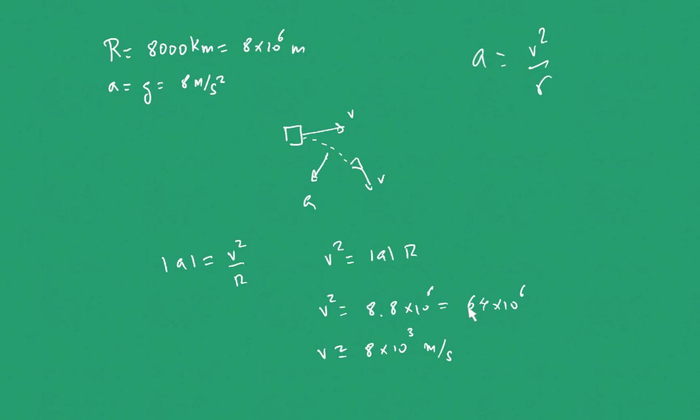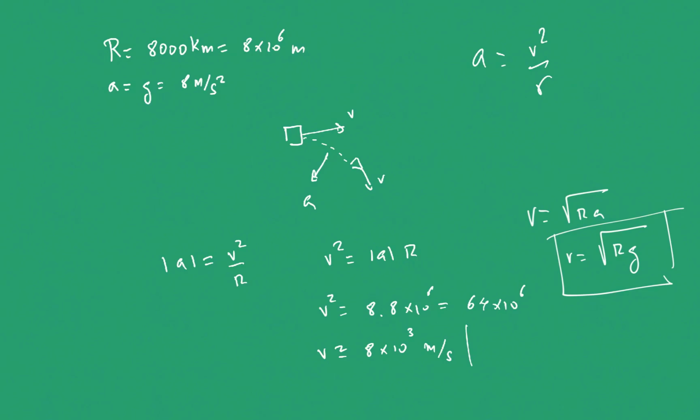v will be the square root of this, so v will be the square root of r times a. In the case that we name the acceleration g, the equation will be that v is the square root of r times g. And making the calculation, we will have for this problem that the velocity is about 8,000 meters per second.